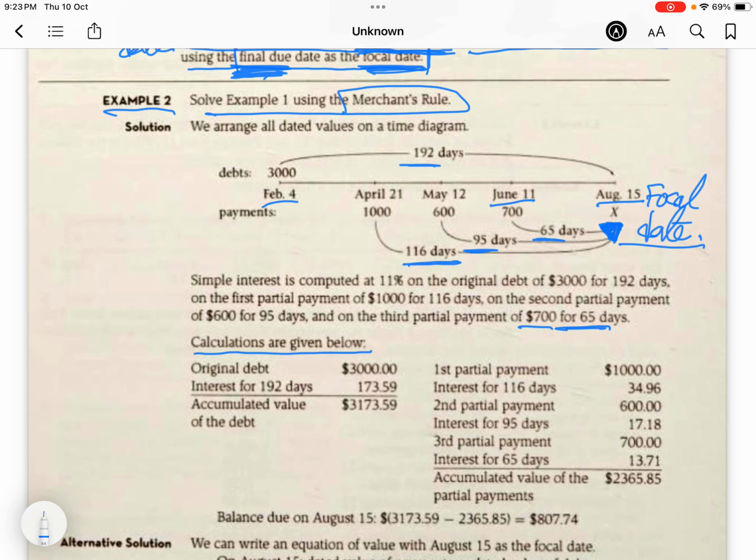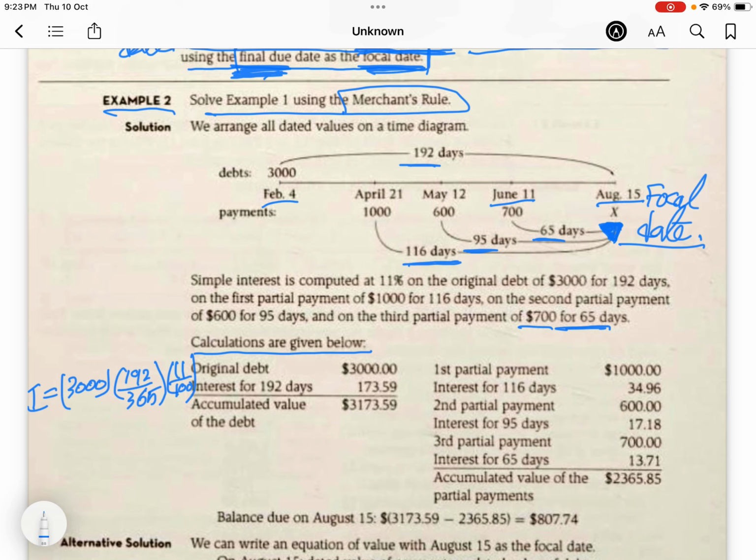Original debit, here it will be $3,000. Interest for 192 days: I equals 3,000 multiplied by 192 over 365 multiplied by 11 over 100.